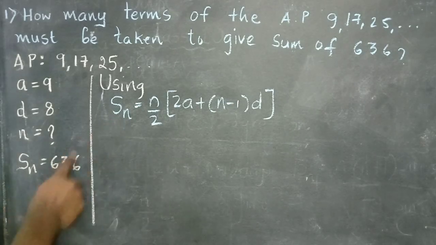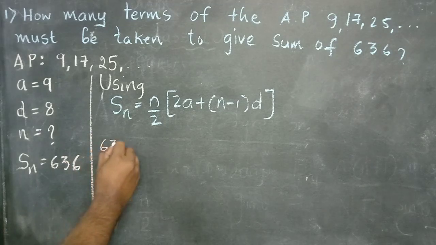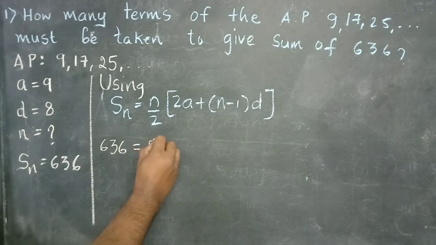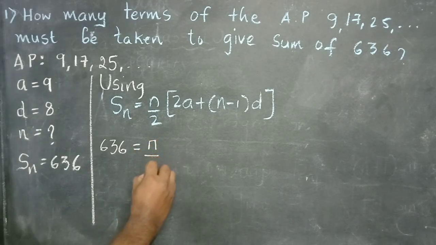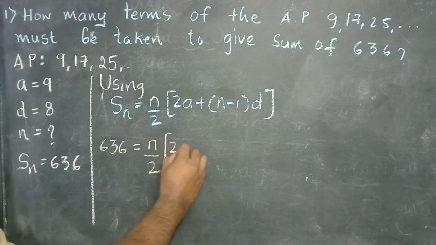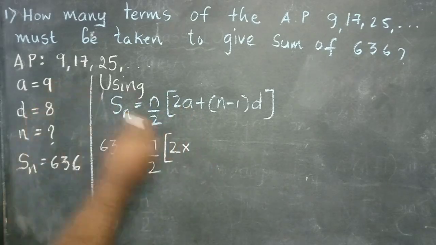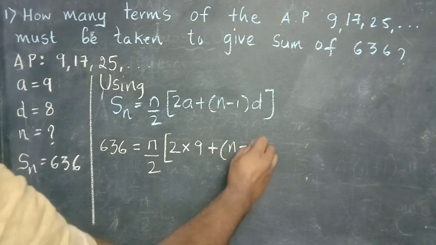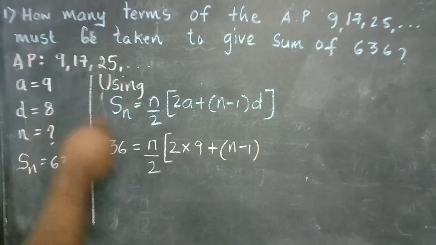Sn is 636, which is equal to n, we should find out, divided by 2 into 2 times a, where the value of a is 9, plus n minus 1 as it is into the value of d, which is 8.